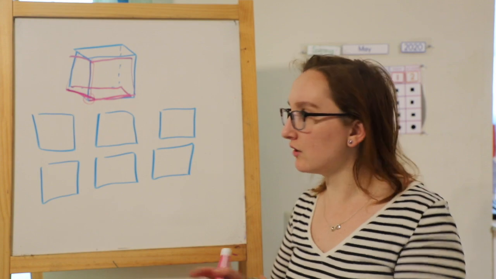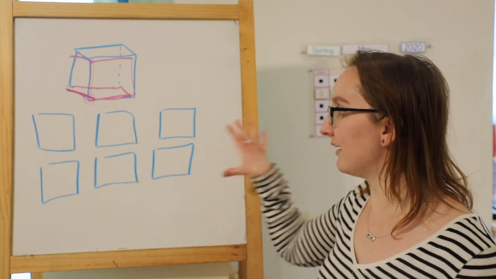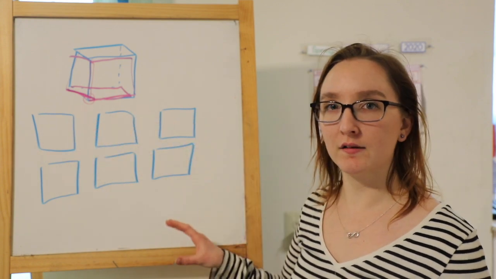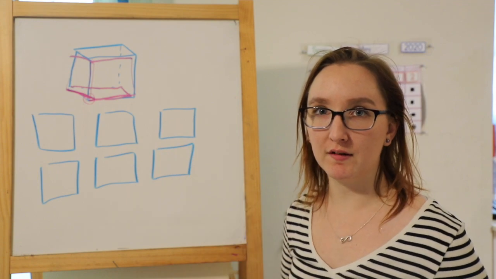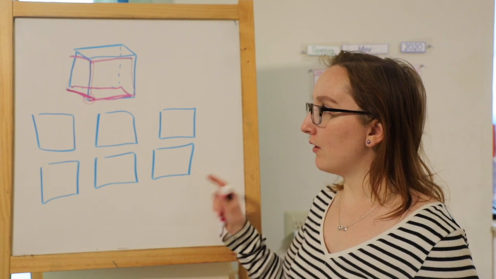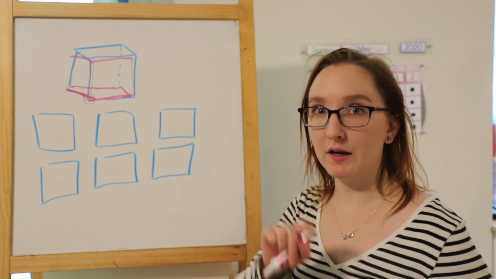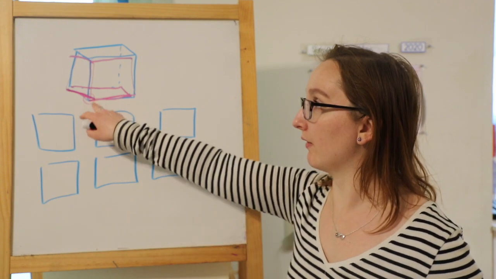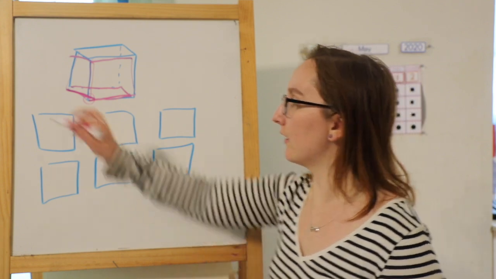So what I'm going to do is use these 6 squares so I can count out how many vertices there are going to be all together. So now that I've separated them all out so that I count each vertex only once and I don't accidentally triple count like this, I'll count them out.